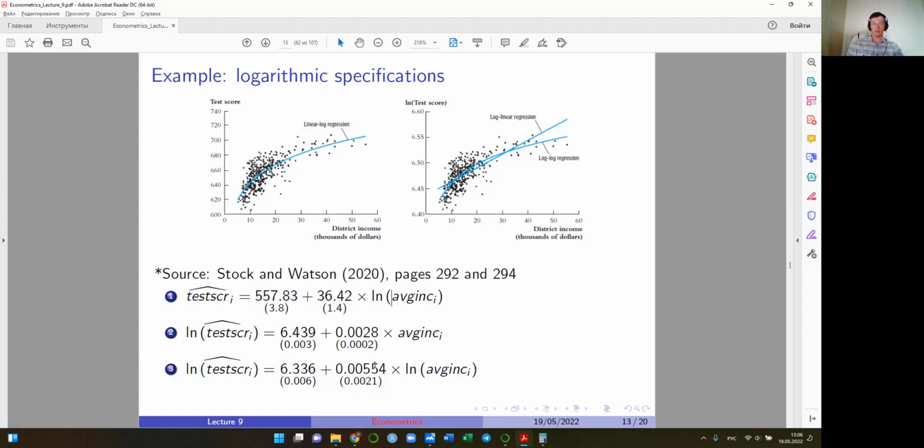Well, if we look at the significance of all these coefficients, we see that all of them are statistically significant. And here is one additional issue that must be raised.